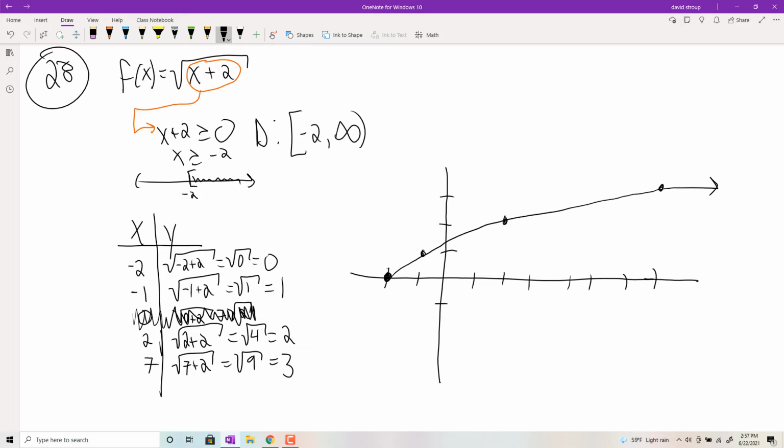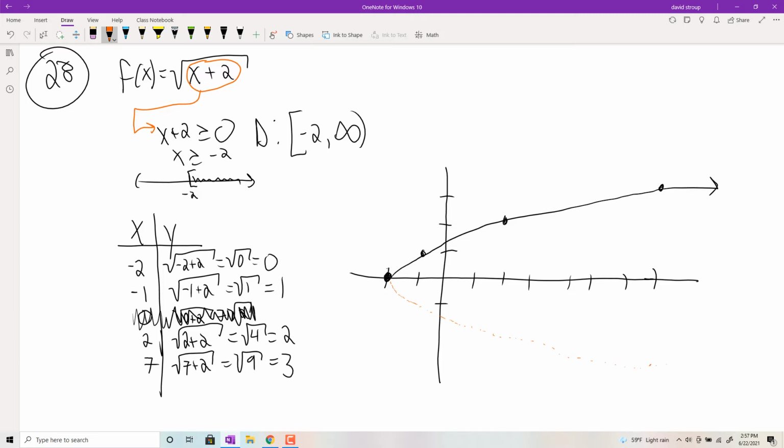Okay. Technically, what you have there is the positive part of the square root. If you're wondering what that shape is, it's basically half of a sideways-facing parabola.